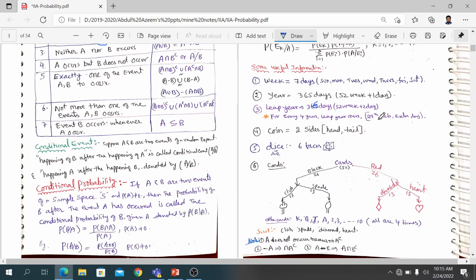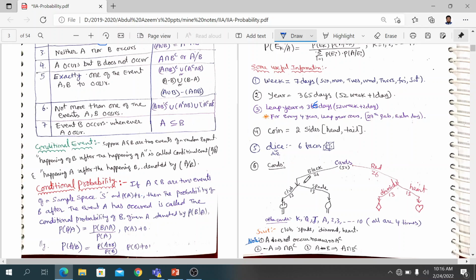Next, coin. A coin has 2 faces, head and tail. Next, a die. A die has 6 faces. Next, cards. In a pack of cards there are 52 cards, 26 black and 26 red.